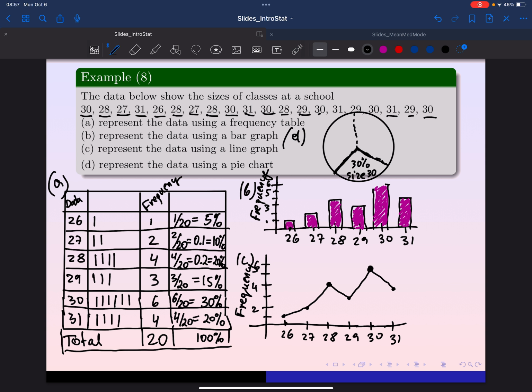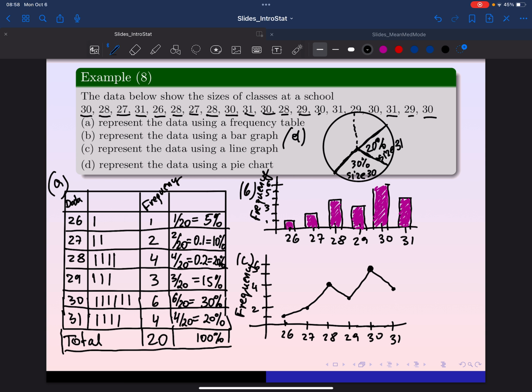So we're gonna extend one part, and this is my 20%. And I can mark either that the size is 31 or 28 because they both have 20%. So let's mark the 31 class size. 31 is right here. So this is 20% of this one.